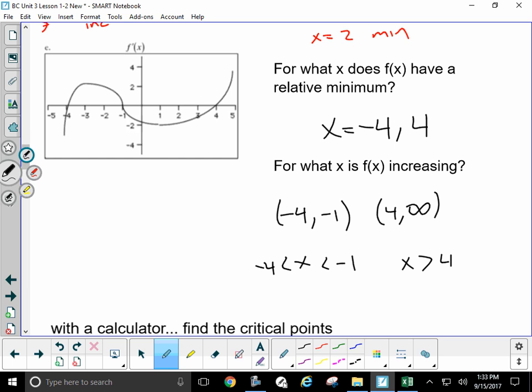Look up to see if your answers are correct. Questions?